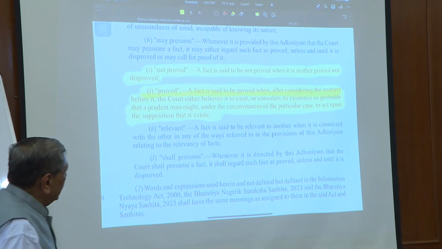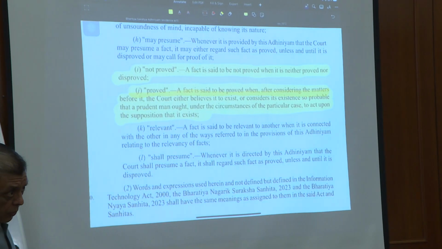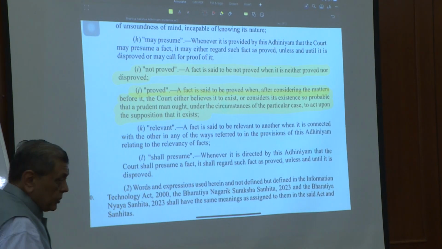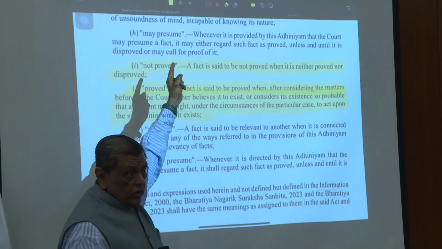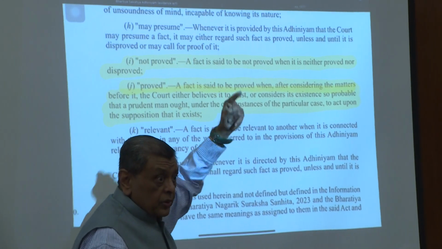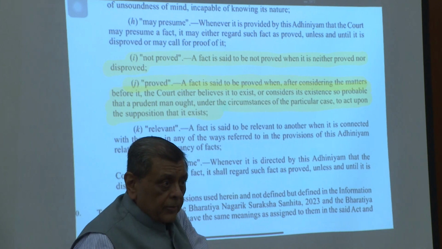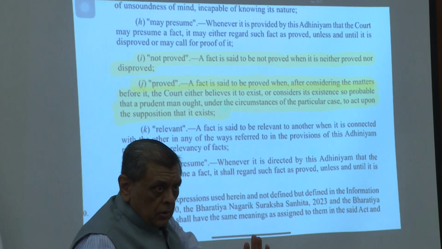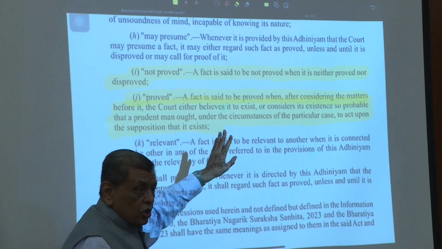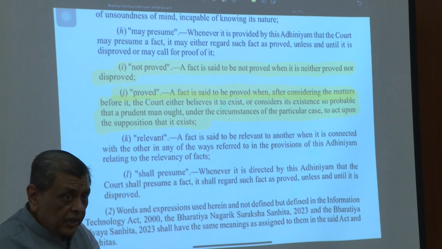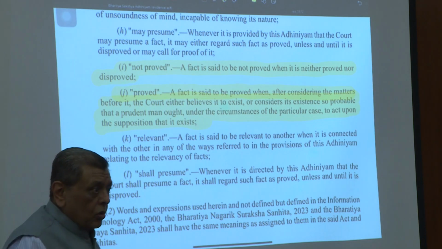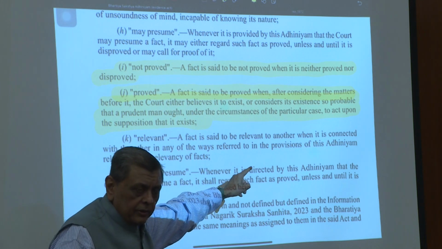A fact is said to be proved. Now please just pause for a moment. Remember this, we are again using this word fact, which is something we saw in the Evidence Act, but which we've also seen in the CPC. A fact is said to be proved. So now we have come from pleading a material fact to proving the material fact.